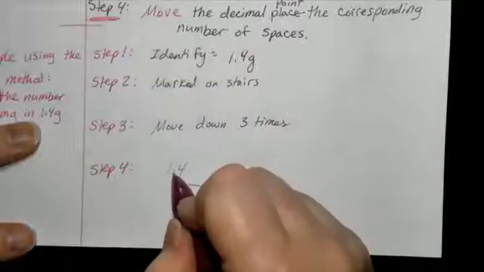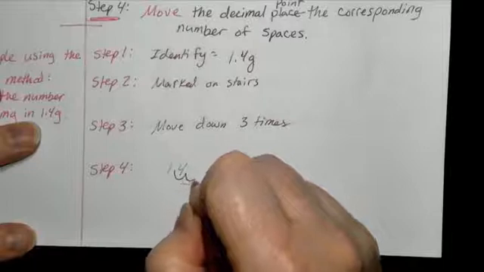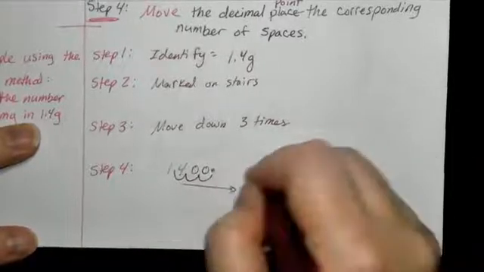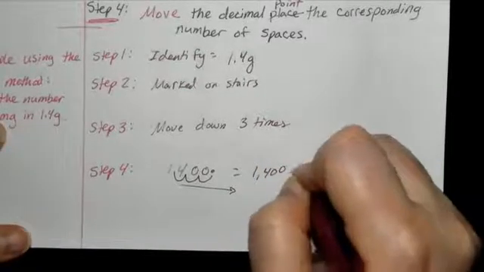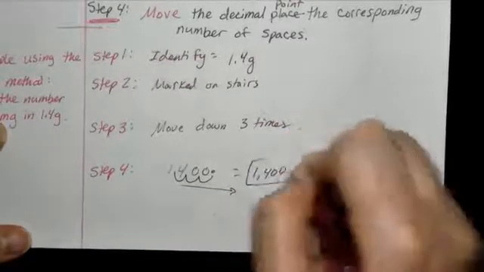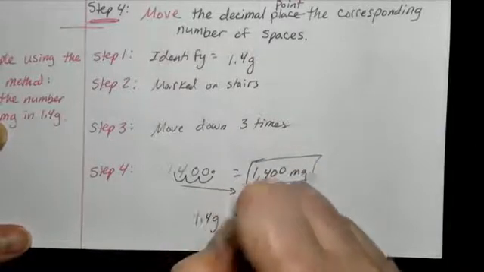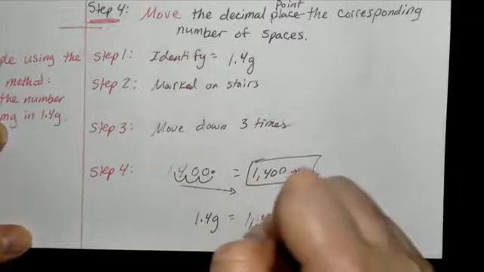So 1.4 times 10 would give me 14. A second time, a third time, right there. So my answer would be 1,400 milligrams. So 1.4 grams equals 1,400 milligrams.